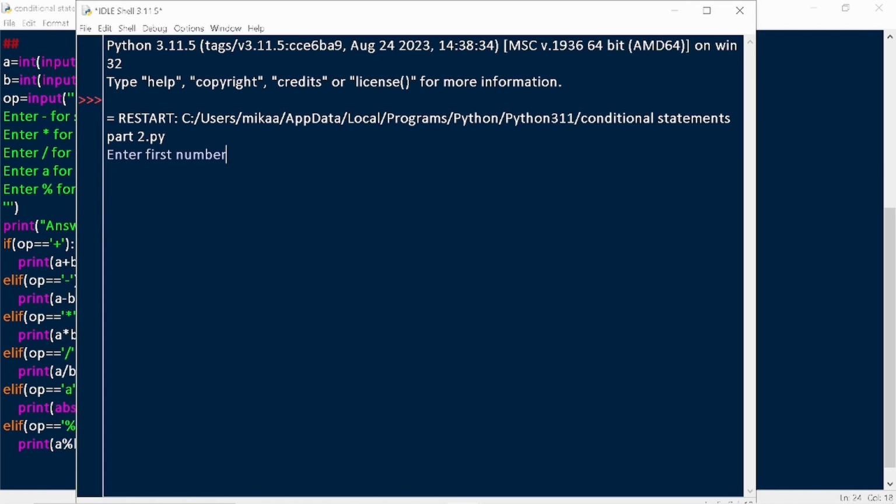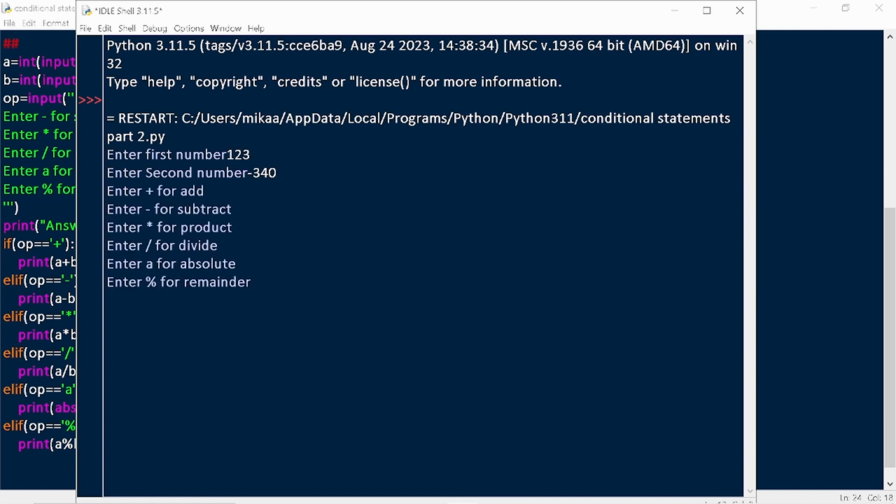Now we have to see whether it is doing correct addition or subtraction or not. If I do 123 and I enter -340, because it is a minus b, I should do minus over here, and now the answer must be 463.